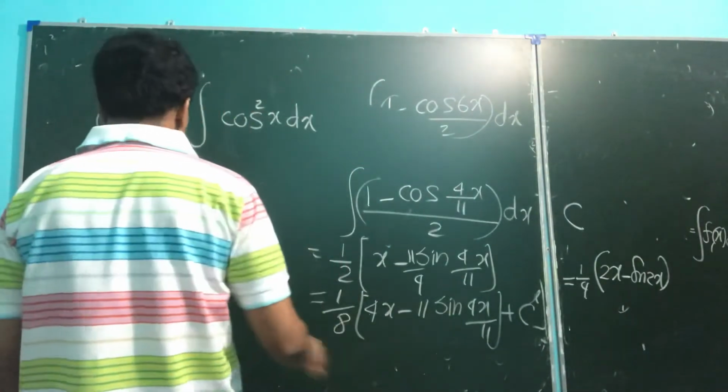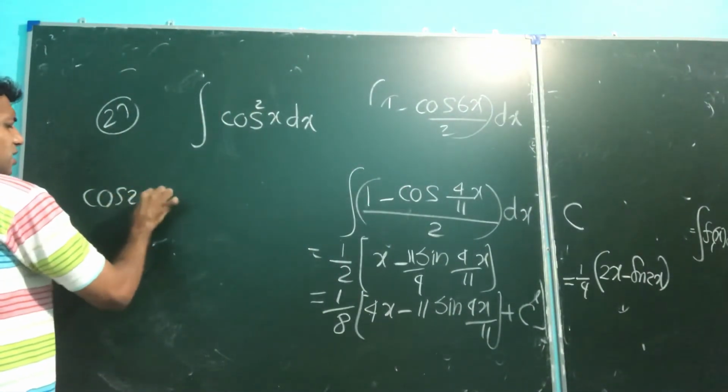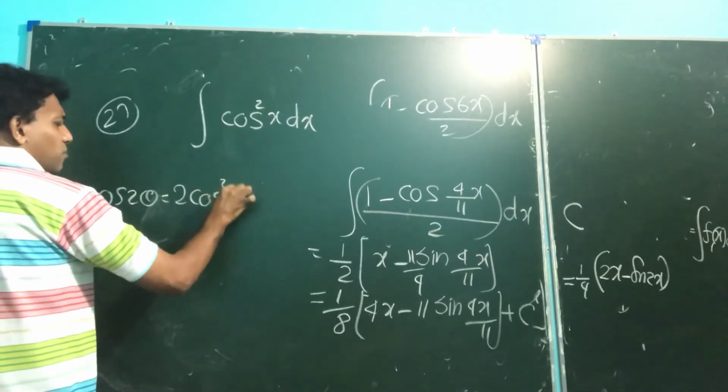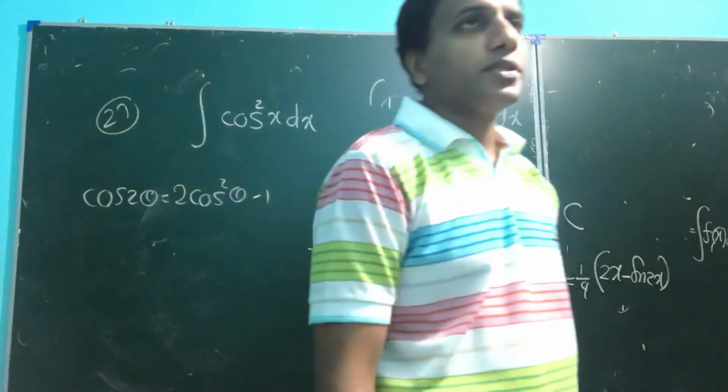So here what is cos 2 theta? It is 2 cos square theta minus 1. And then change and find the answer.